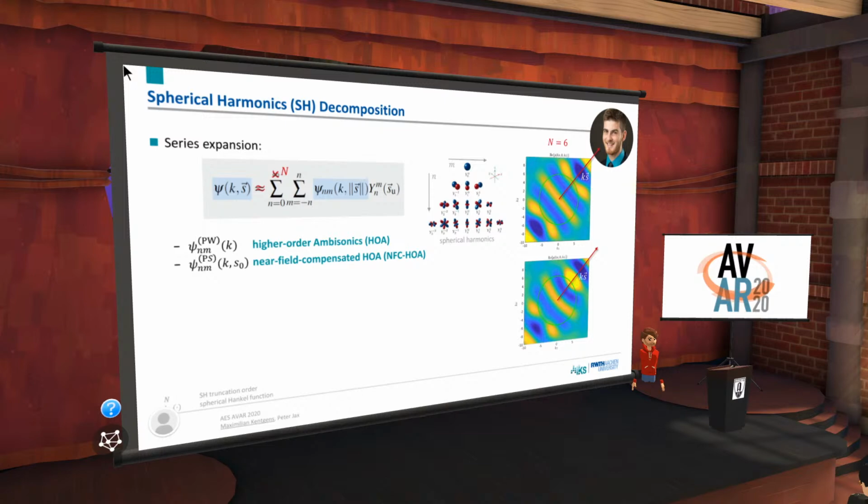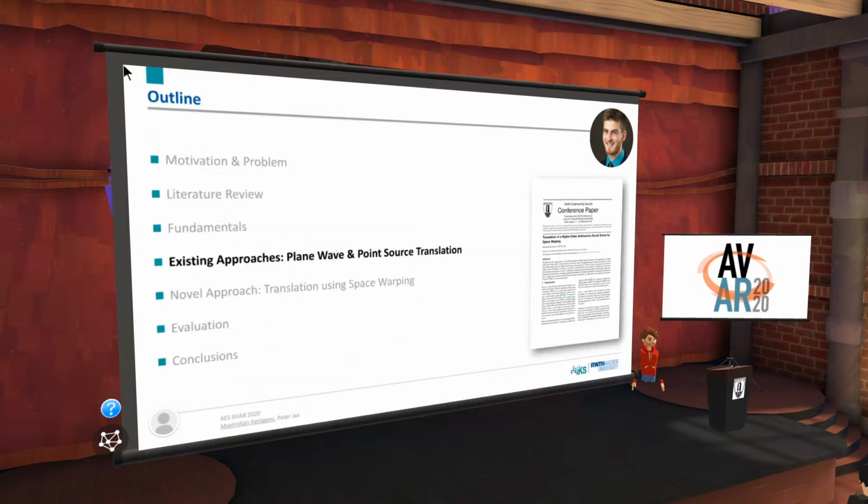It's also very important to note that we can convert between psi plane wave and psi point source, at least in theory. In the Spherical-Harmonics domain, there's simply a conversion factor. Now, with our mathematical tools at hand, we can have a look at existing approaches, namely the plane wave and the point source translation method.